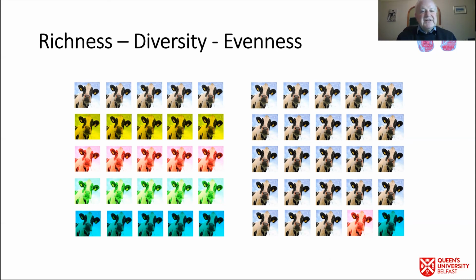There's diversity, and the different colors of cows are distributed evenly. So there, in this particular example, there is a balanced diversity. In contrast, in the panel on the left, there is dominance of one color with not much evenness and not the same level of diversity as the right-hand panel.